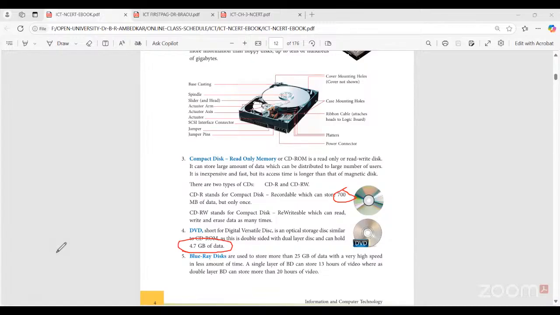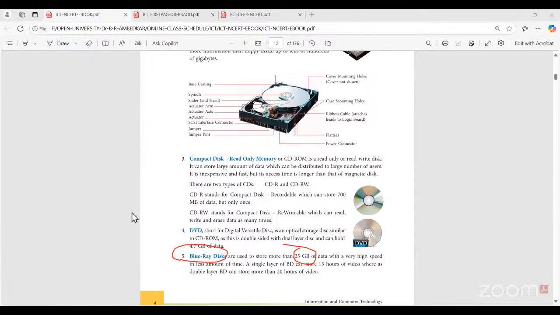One more kind of device is the Blu-ray disc, and its size is 25 GB. So DVD is 4.7 GB, and a hard disk will take 1 TB, 2 TB, likewise. So every storage device has some storage capacity.